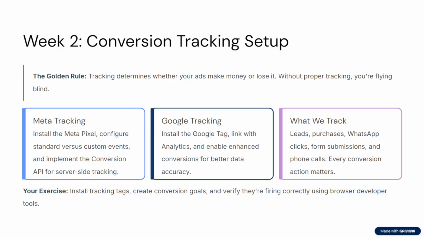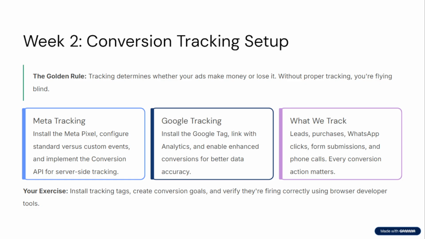So right now, you have your Meta tracking, which is you install your Meta pixel, you configure your standard events, custom events, and implement conversion API for server side tracking.